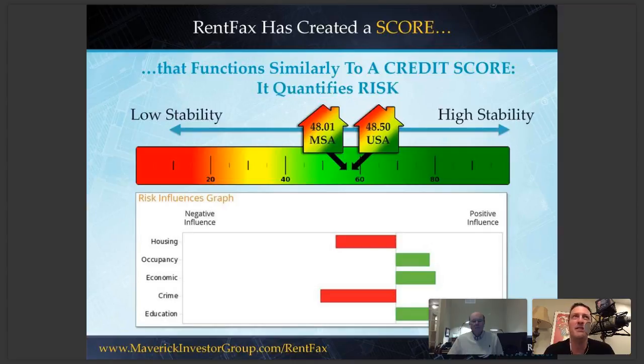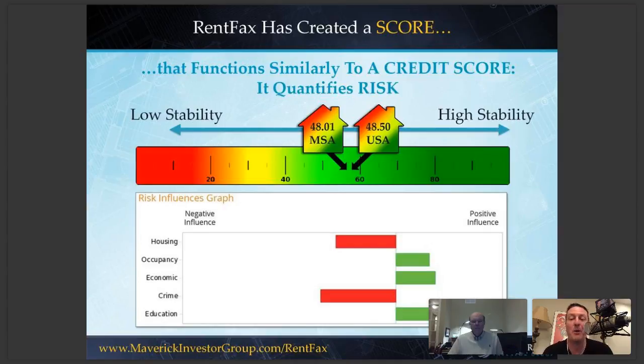And so once you have that comfort level with a particular property that I've owned for a few years that has done amazing for me, and I'm really comfortable with this type of property, you could just run a RentFax report on that property and see what is the risk score of that property. How do these variables shake out for a property that you're familiar with? And then you could extrapolate that to future purchases if you wanted to buy the same type of property.